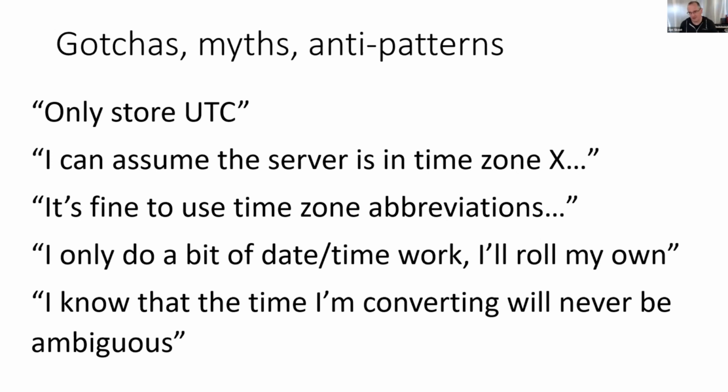It's not the right thing to do for user specified dates and times in the future. If you search for "storing UTC is not a silver bullet", you'll find I've got a blog post that goes into far more detail. You can see some other anti-patterns and things that you shouldn't do. Do not roll your own date and time framework, full framework, unless you absolutely have to.